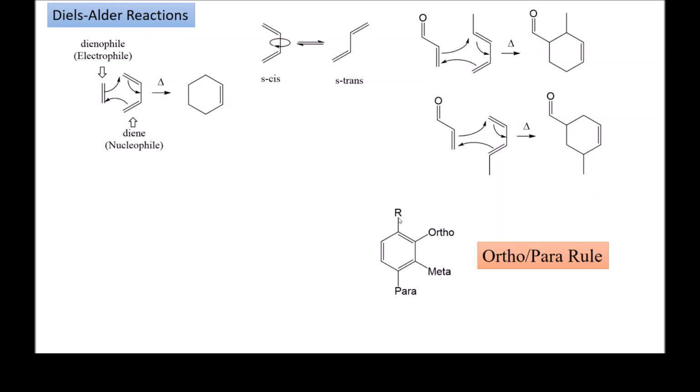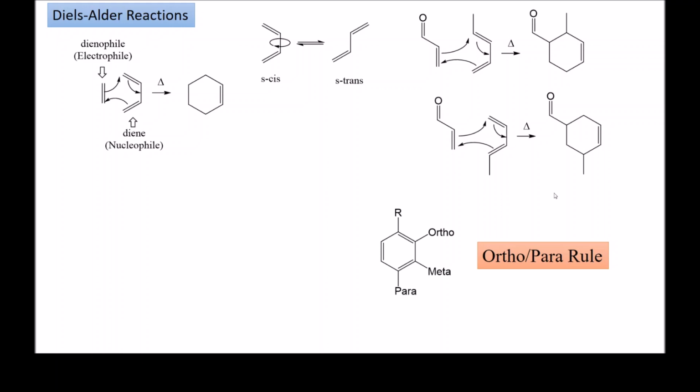So if the two substituents are on adjacent carbons, they are called ortho relative to each other. If they are straight across the benzene ring from each other, they're referred to as para, and if you have to hop a carbon in order to get to the other one, they're referred to as meta. So these two are ortho, these two would be meta, and these two would be para.